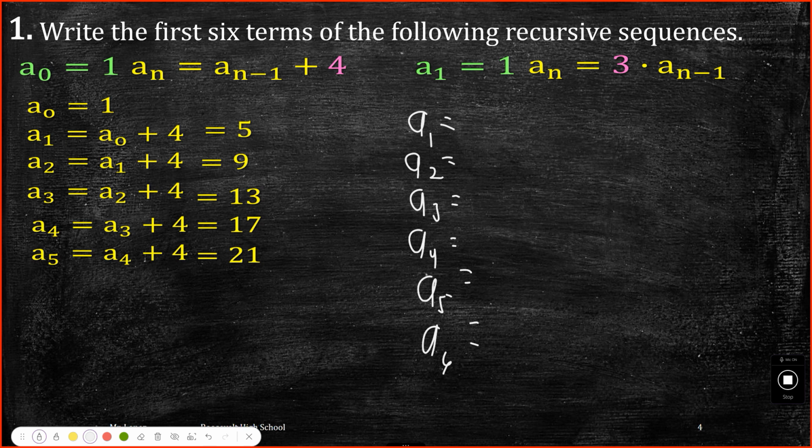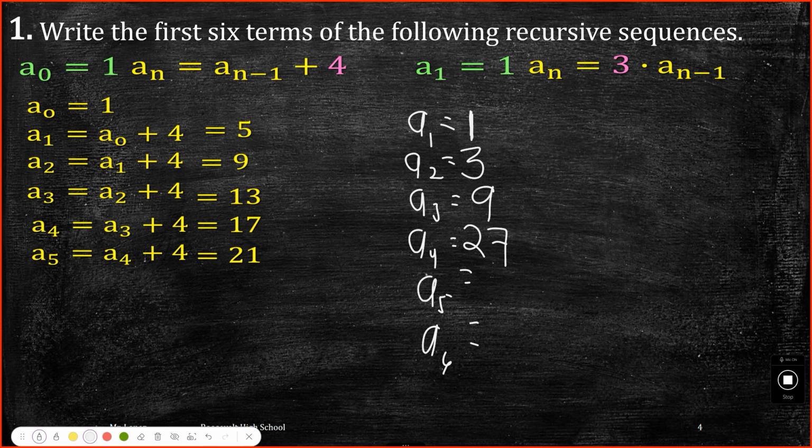What's A1? 1. What is A2? What is A3? 9. What's A4? 27? A4.